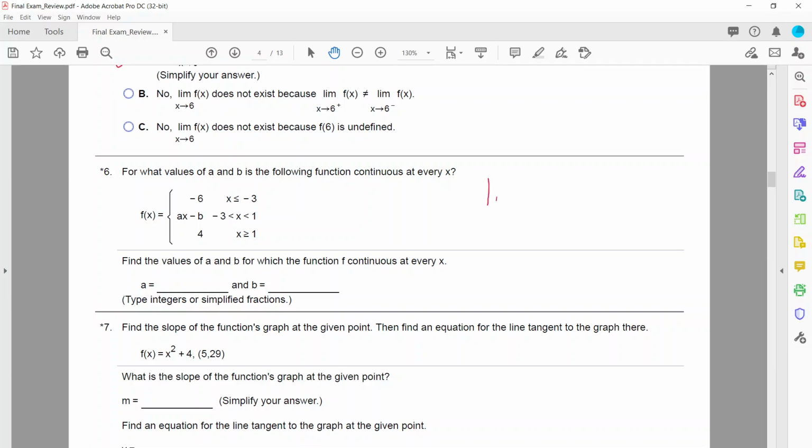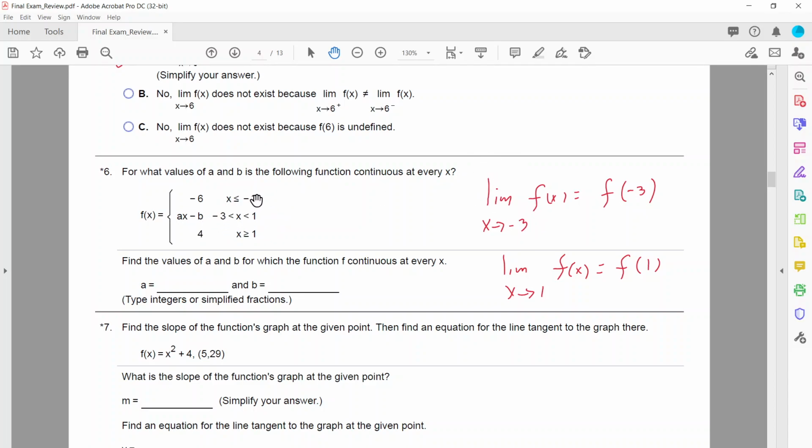You can see that the limit of the function when x approaches -3 should be equal to the value of the function at -3. And that's not only for -3, that should be true for +1. The limit of the function when x approaches +1 should be equal to the value of the function at +1. So the limit does exist if the left hand limit and right hand limit are equal.